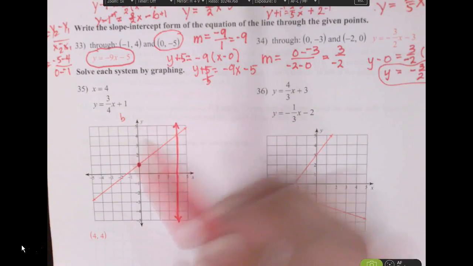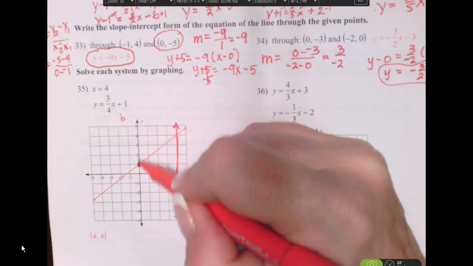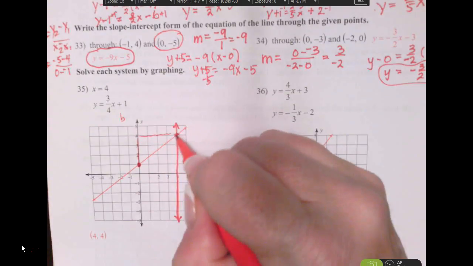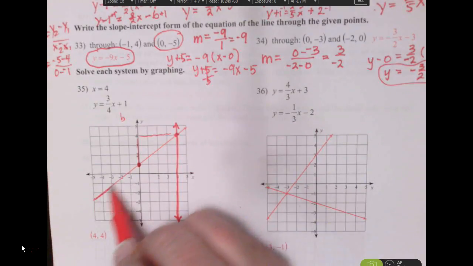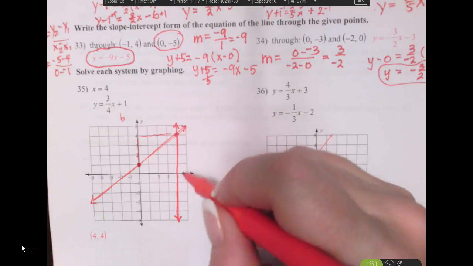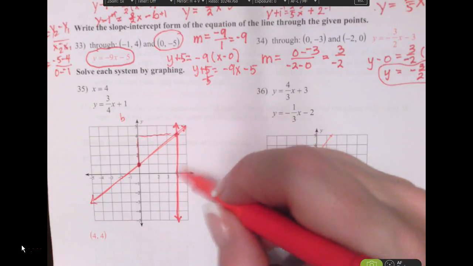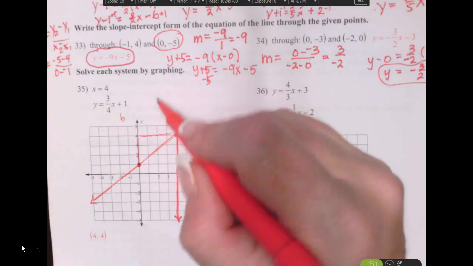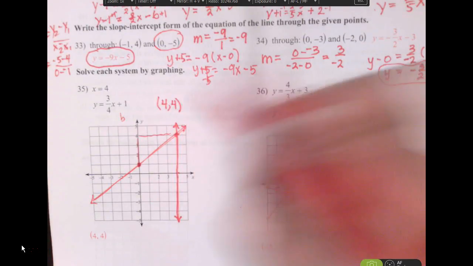You make a dot, and that's your starting point. You go up 3 and over 4. You rise and run. So there's 2 points for your line. And use your straight edge. Remember, the solution to an ordered pair is the place where they meet. So add 4, 4 is the solution.